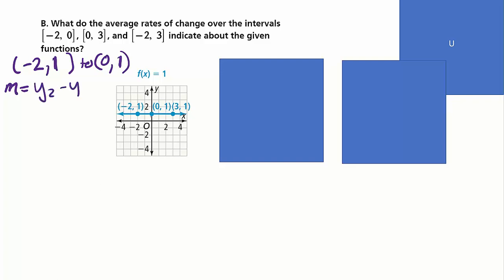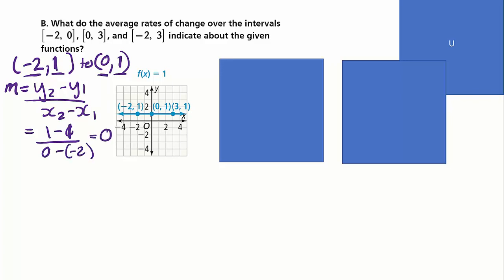So y2 minus y1 over x2 minus x1, which is 1 minus 1 over 0 minus -2, which is 0.